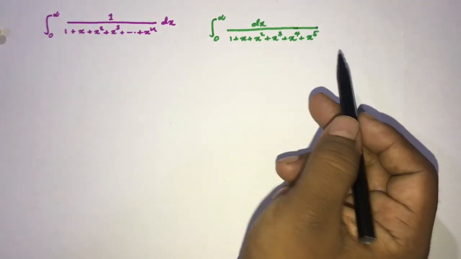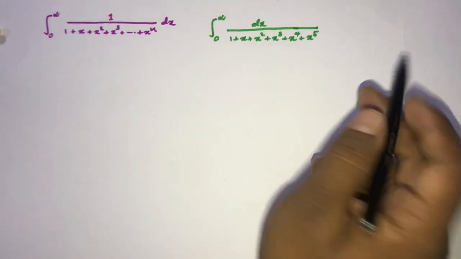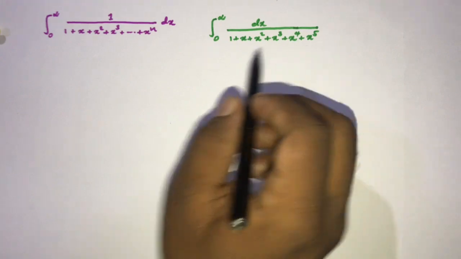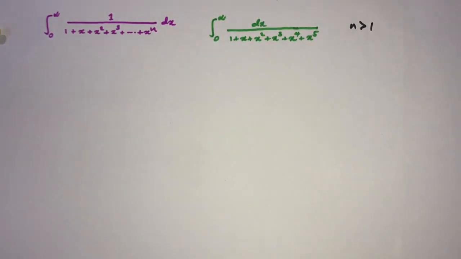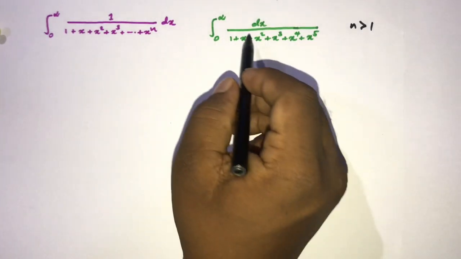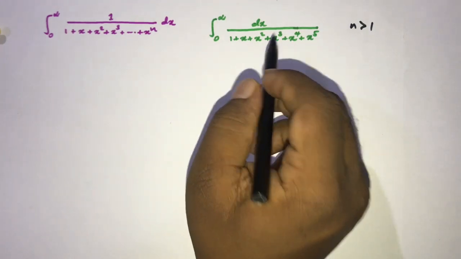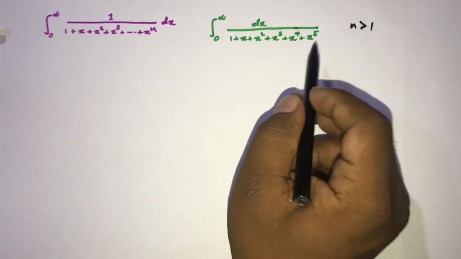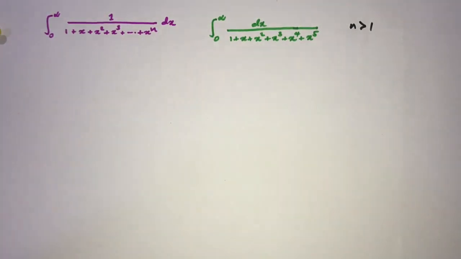So if we have 6, 7, 8, 9 or any positive integer n greater than or equal to 1, how do we evaluate it? In evaluating that integral I used a trick, but it doesn't work for other integrals, so I thought to generalize this integral.